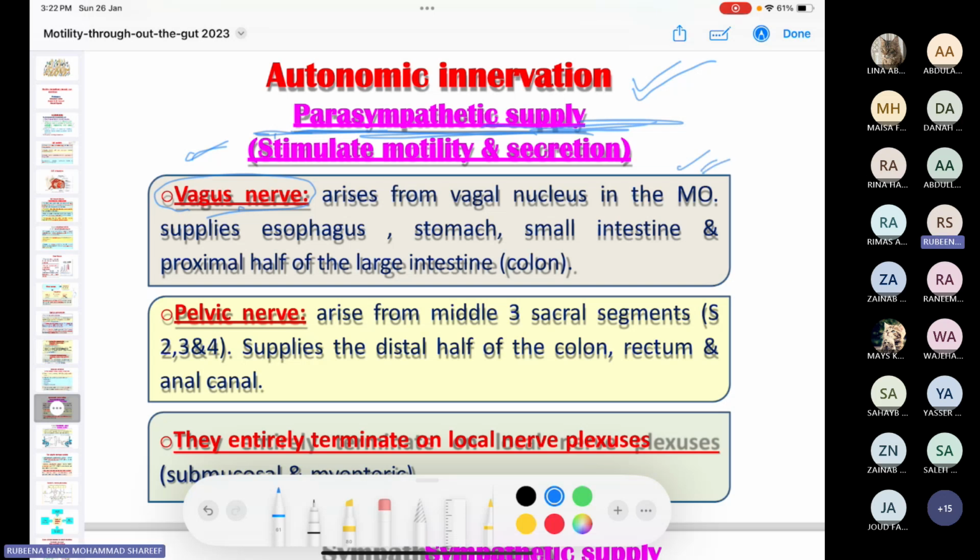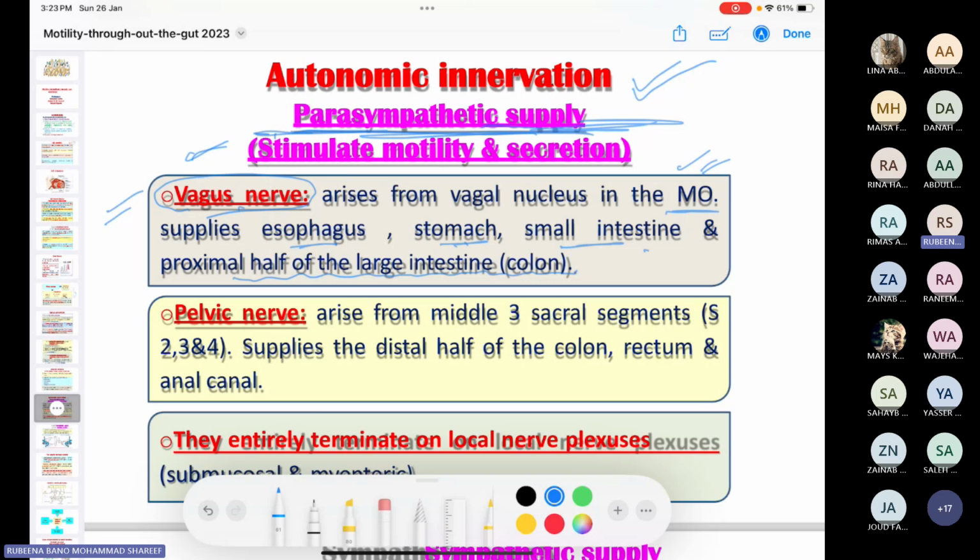So the vagus nerve arises from the vagal nucleus, which is present in medulla oblongata, and it supplies the esophagus, stomach, small intestine, and proximal half of the large intestine or colon. This you should memorize.